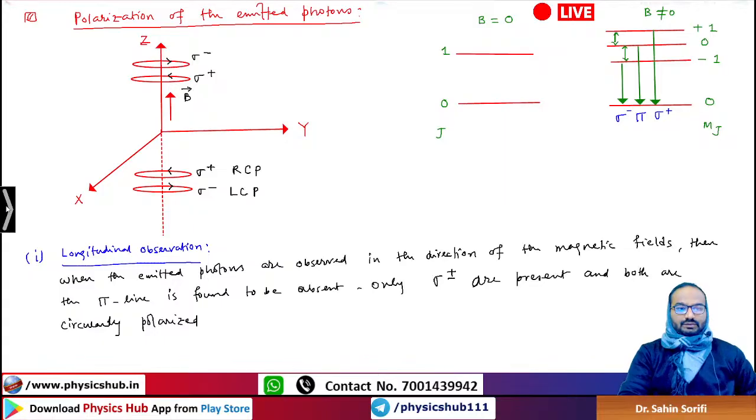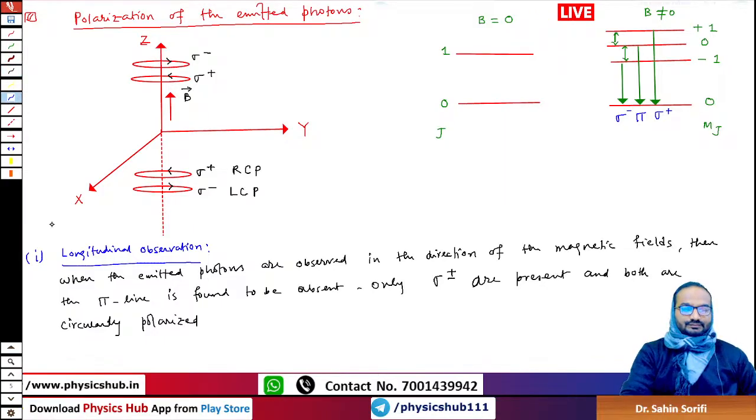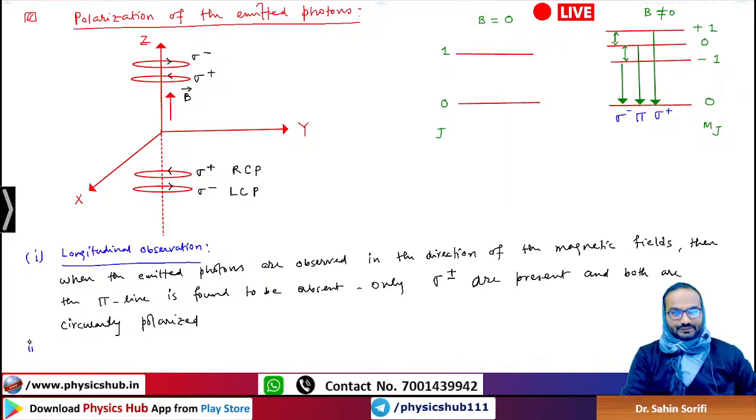Now let's talk about the transverse observation. Transverse means making a 90-degree angle. Sigma minus clockwise, yes, sigma plus anti-clockwise.